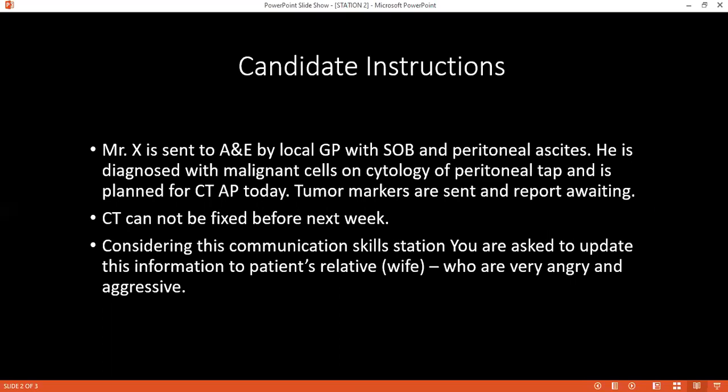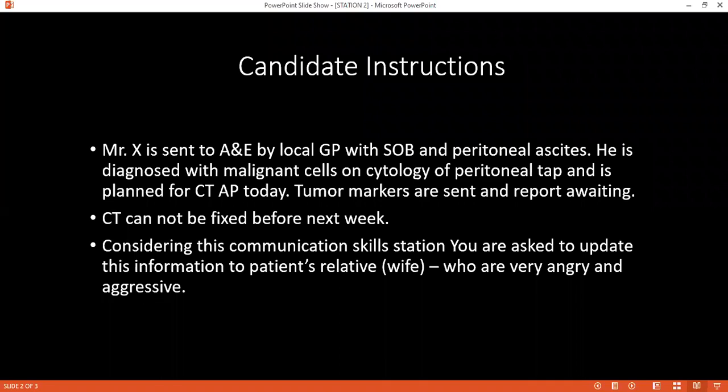Can't this hospital prioritize him, since my husband has cancer, and send him just for a CT scan to another hospital? Just send him in an ambulance, get a CT done, and get him back. I'll talk to my consultant, Mr. Mann, and see what we can do regarding the referral for the CT scan. But I need to talk to my consultant about it.